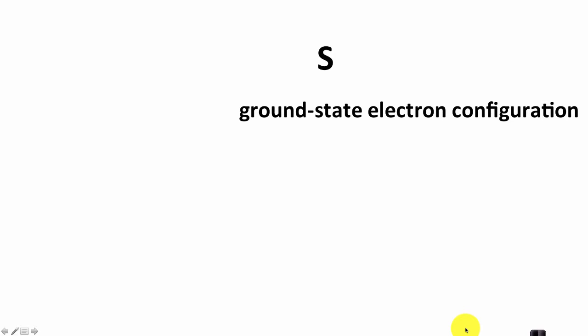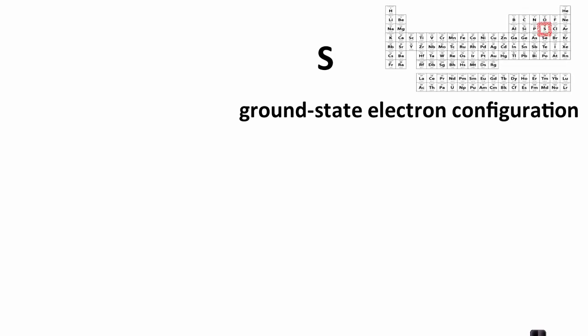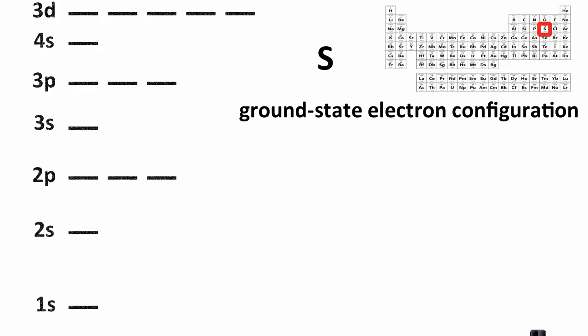So let's apply this to an example. Let's do the ground state electron configuration for the element sulfur, which is element with atomic number 16. And remember that the ground state electron configuration is the lowest energy arrangement, and electrons go into shells, subshells, and orbitals.